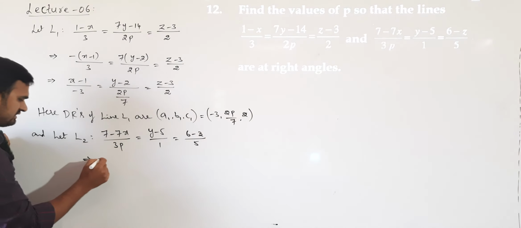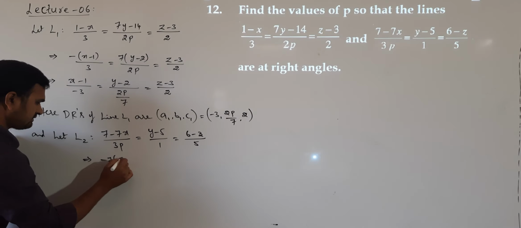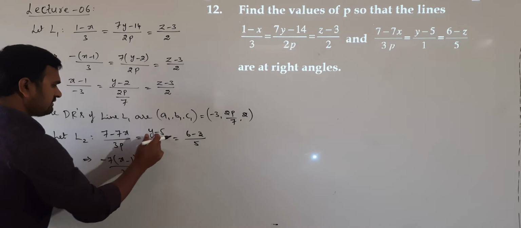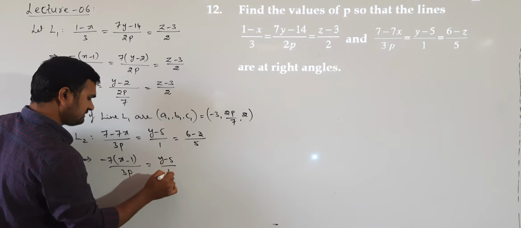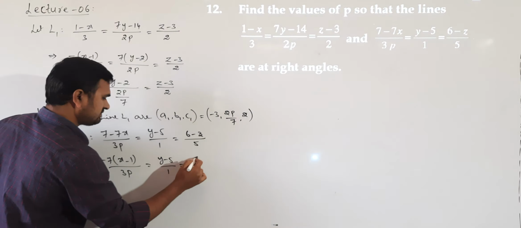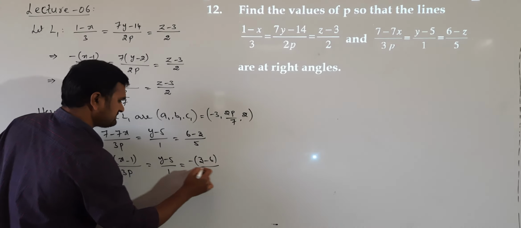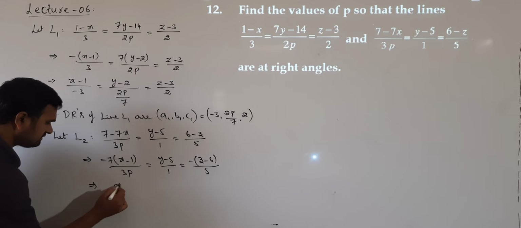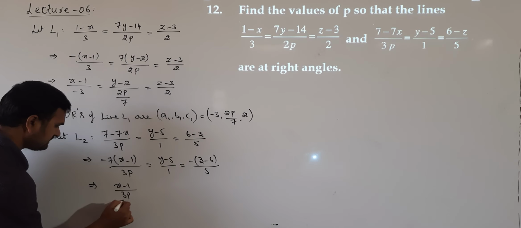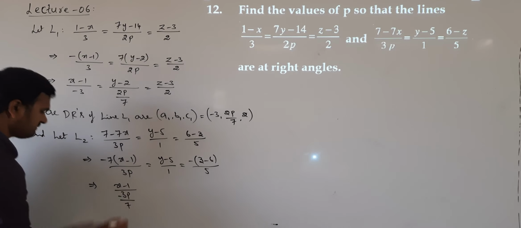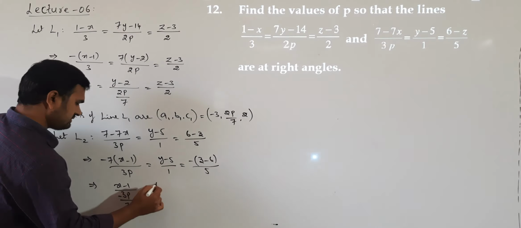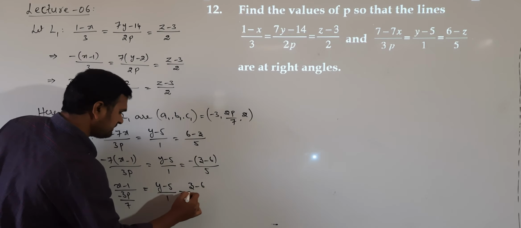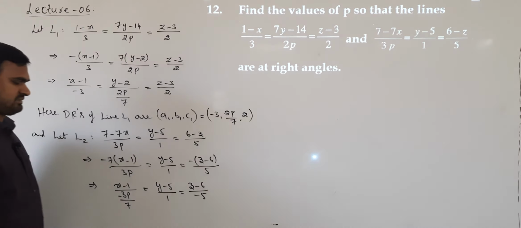We take minus 7 common here: (x minus 1) divided by 3p. (y minus 5) by 1 has no change. Take minus common here: (z minus 6) by 5. So dividing into the denominator, (x minus 1) by 3p by minus 7, you can write minus 3p by 7, is equal to (y minus 5) by 1 is equal to (z minus 6) by minus 5.